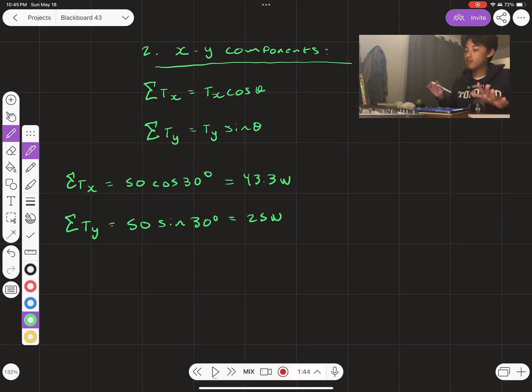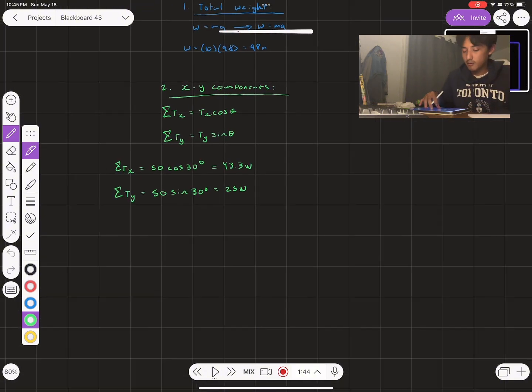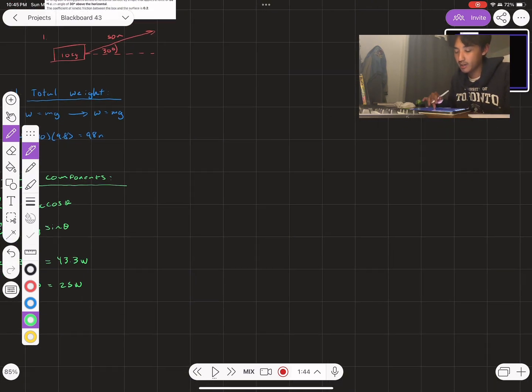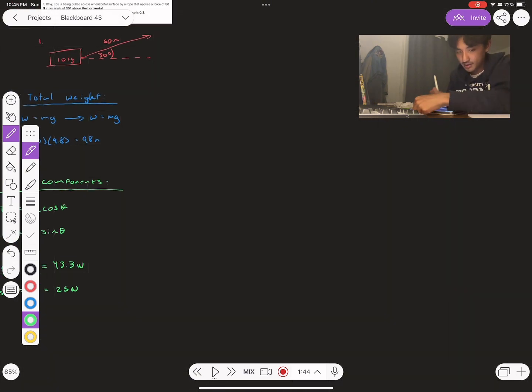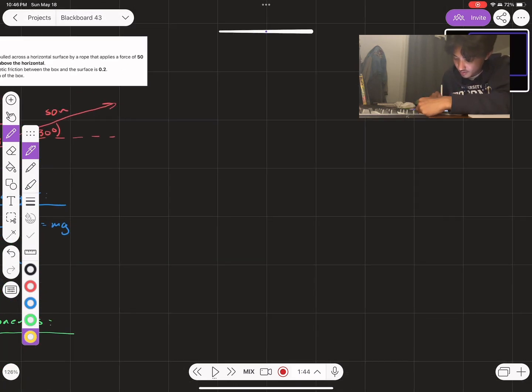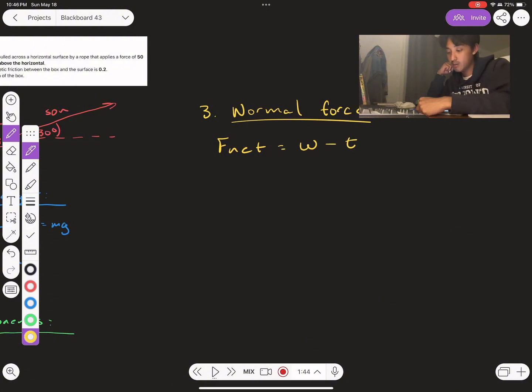Now that we have both our x and y components, we're going to save this for later. But for now, we have to move on and calculate our normal force. So that is our F net, W minus T. You're probably wondering what W minus T is.